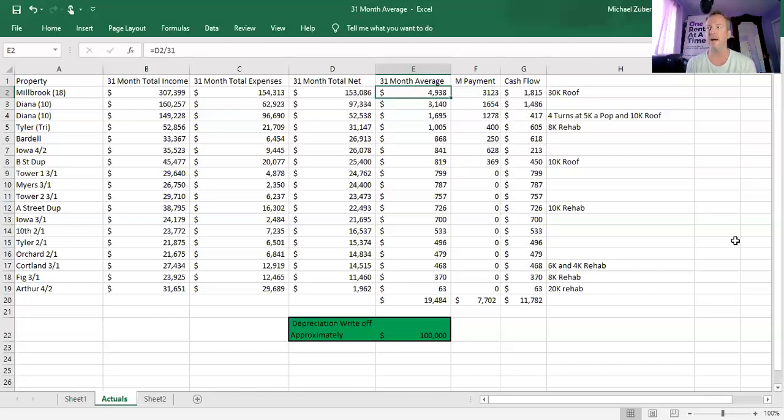But the other thing to point out is we have depreciation write-off. What people forget this, right? That cash flow number of 11,782, we write off approximately, I think it's like 98 and change, just on this pile of real estate, just from the purchase price, almost $100,000 in depreciation a year. Not to mention the additional depreciation we can write off because we did new roofs and things of that nature.